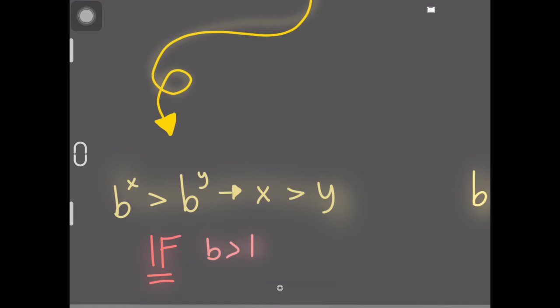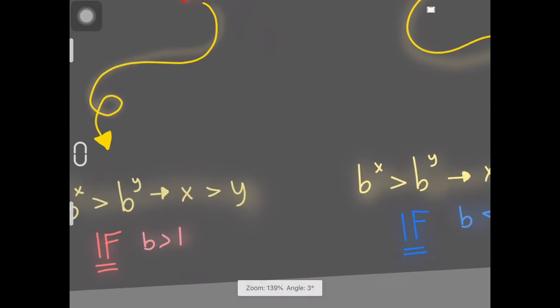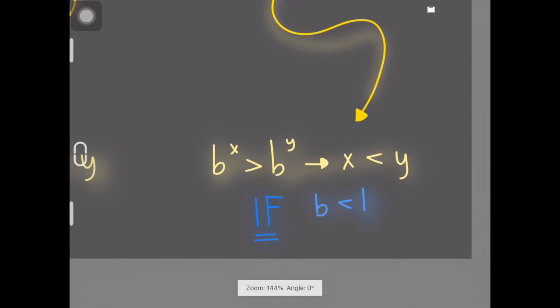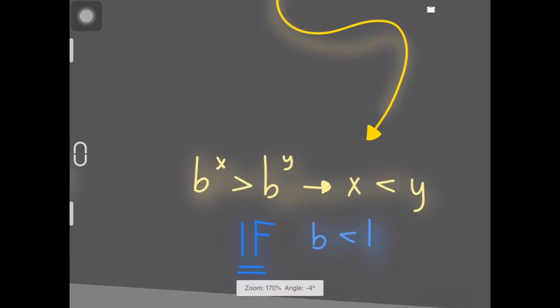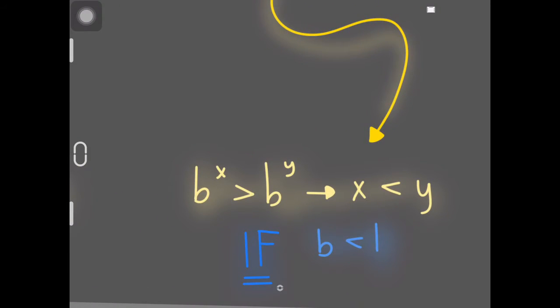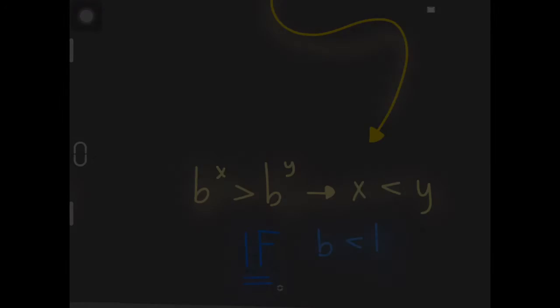And the second important thing is b raised to the power of x lesser than b raised to the power of y implies that x is lesser than y if and only if b is lesser than 1. So if it is below 1, you can apply this.